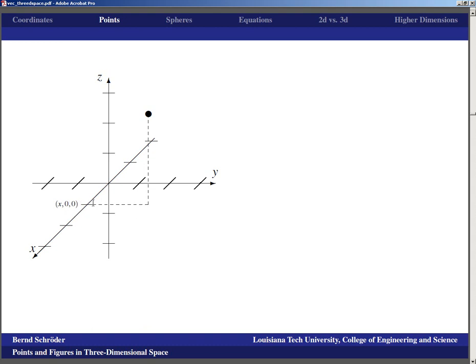So that would give us the x-coordinate of the point up here. We would also draw a line parallel to the x-axis going towards the y-axis, and that gives us the point 0, y, 0. And then this height here will be z. So this point down here is the point x, y, 0, because it's still sitting in the xy plane, and the point up top will be the point x, y, z.